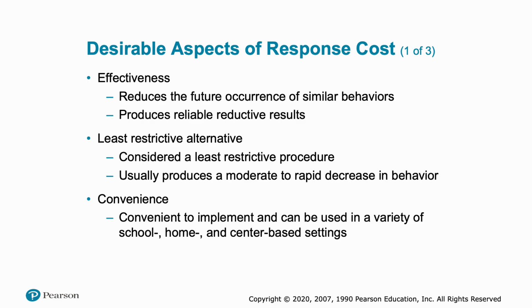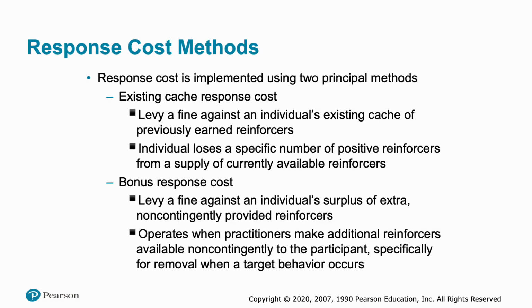Okay, so the two response cost procedures that we have are the existing catch response cost procedure or the bonus response cost procedure. This top one over here is just typically referred to as response cost, and the other one is referred to as bonus response cost, but your textbook does have a longer name for it, and they call it existing catch response cost.